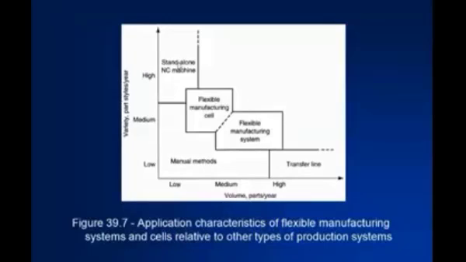So if a few specialized parts are required, and they are variable in their design, we can use this machine. Similarly, for medium production, a flexible manufacturing cell can accommodate the variety in the parts.